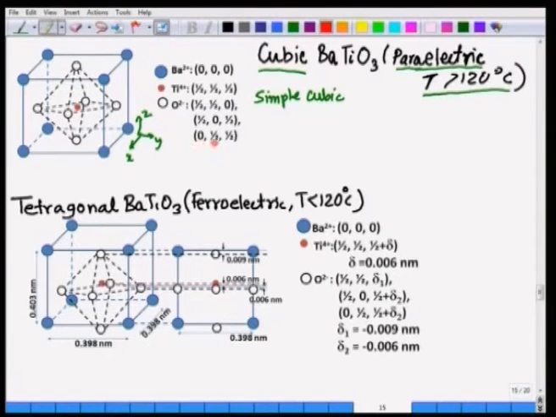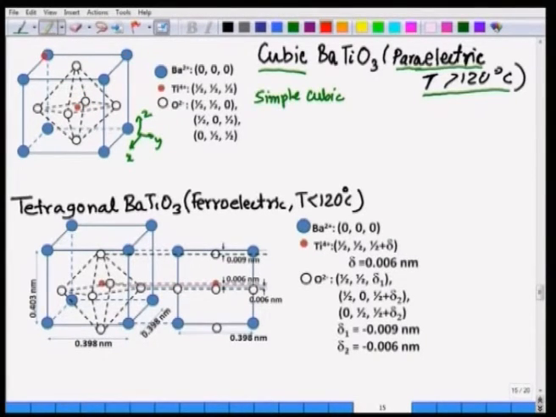And similarly the 0 half half, that means 0 half half. This particular atom is on this face right here, and this equivalent oxygen atom is on this particular face of the cube.